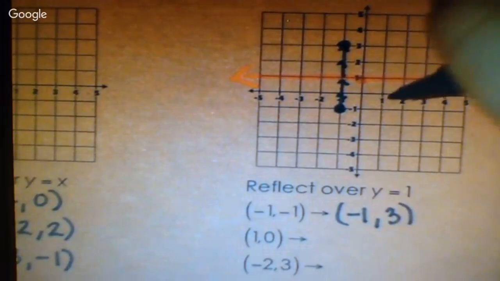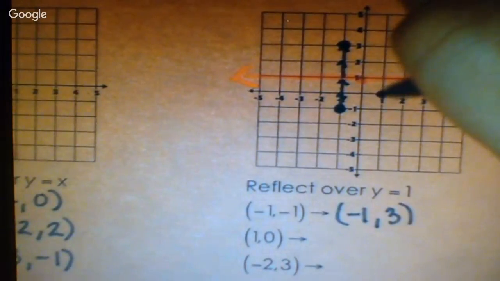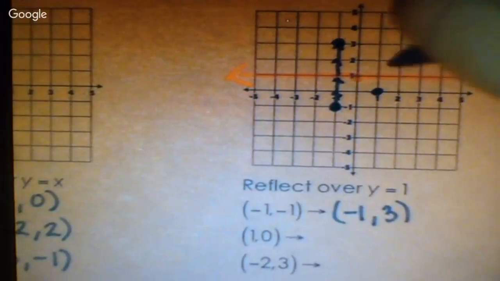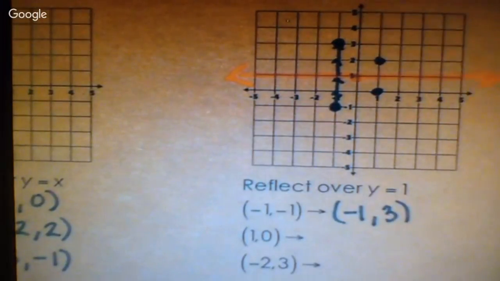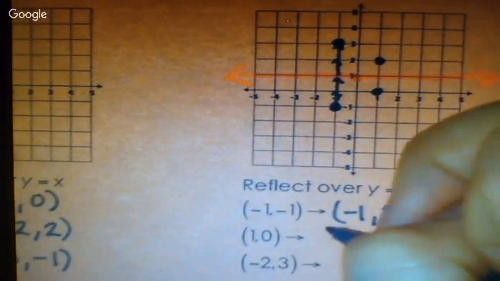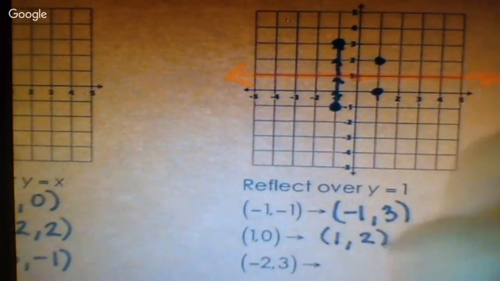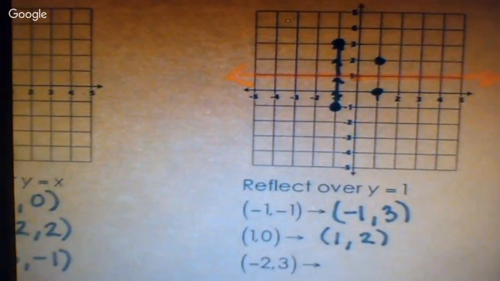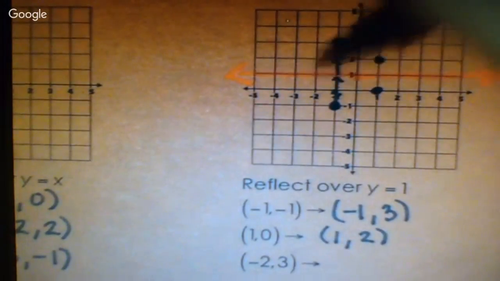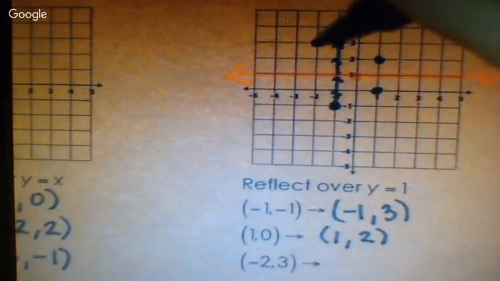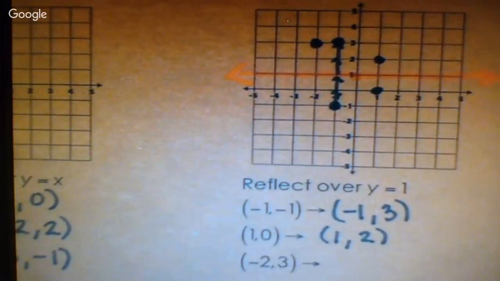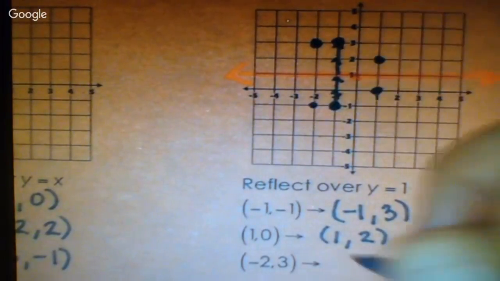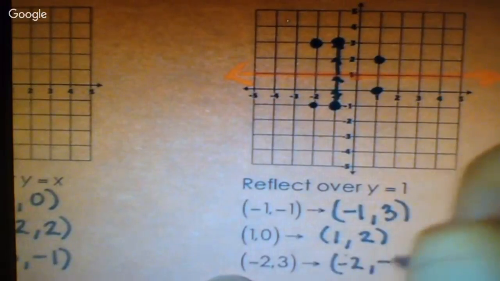Okay, (1, 0) started me off here. We're 1 below, so now I need to go 1 above. Make sure you do x first. You're right. Yay. (-2, 3). This started me up here. I'm 2 above my line, so I need to go 2 below. So (-2, -1).